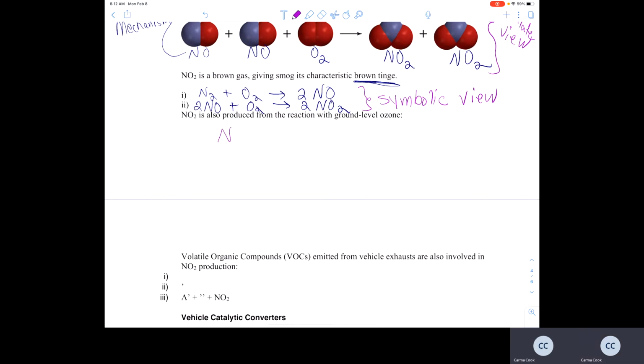So nitrogen monoxide that's produced by nitrogen and oxygen reacting in a hot car engine normally reacts with oxygen, but if there's ground level ozone, O3, present, then the nitrogen monoxide will react with the ozone and that also produces NO2. So this is an alternative way of producing NO2. It's from the nitrogen monoxide reacting with O3 instead of O2.